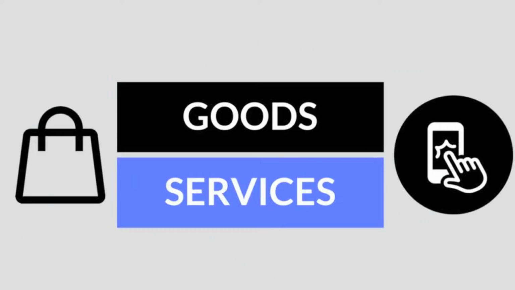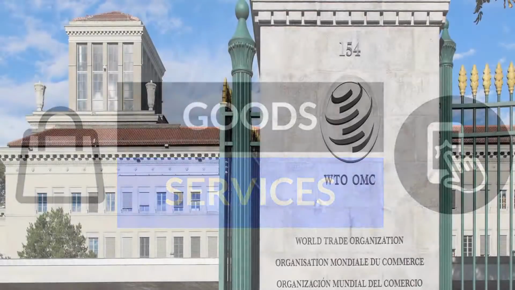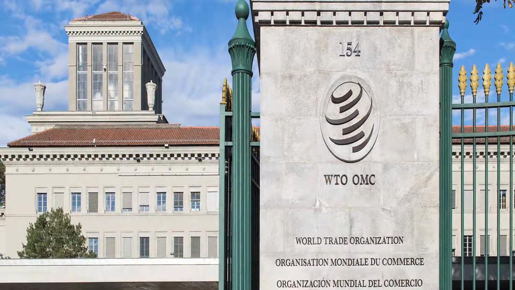The goods and services are ordered over the internet, but the payment and the ultimate delivery of the good or service may be conducted on or offline. The World Trade Organization defines e-commerce as the production, distribution, marketing, sales or delivery of goods and services by electronic means.